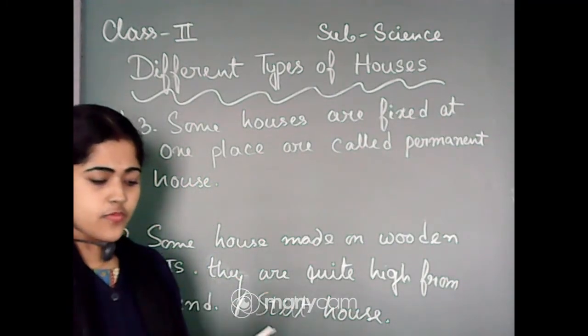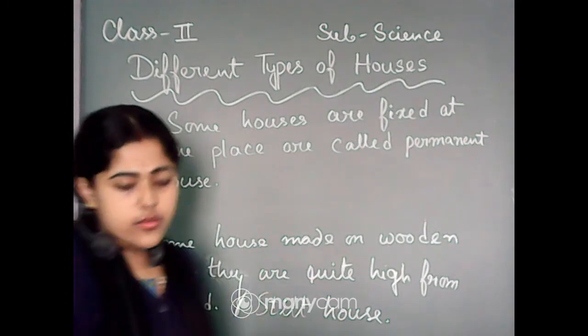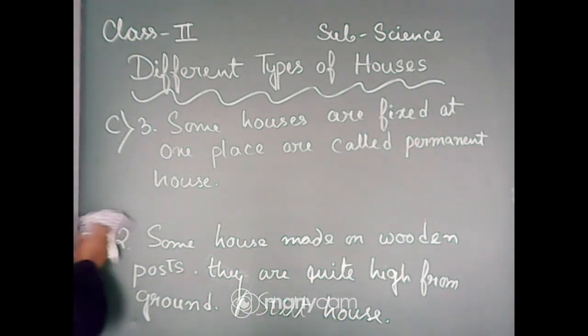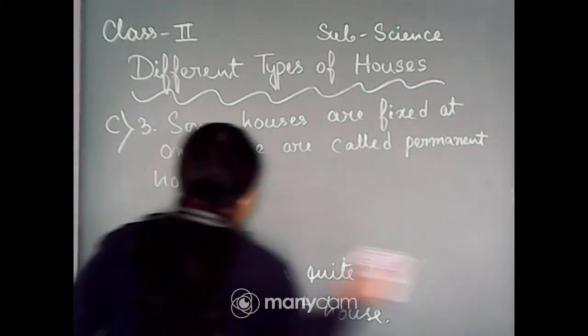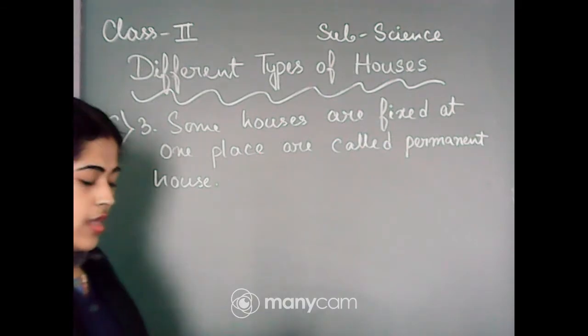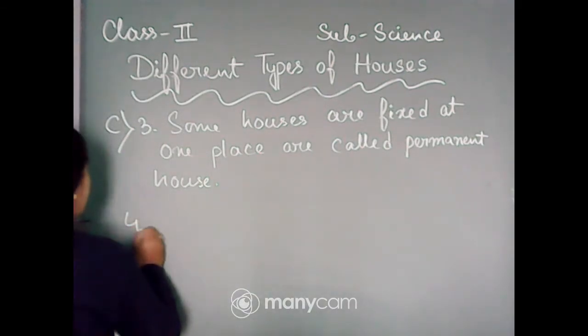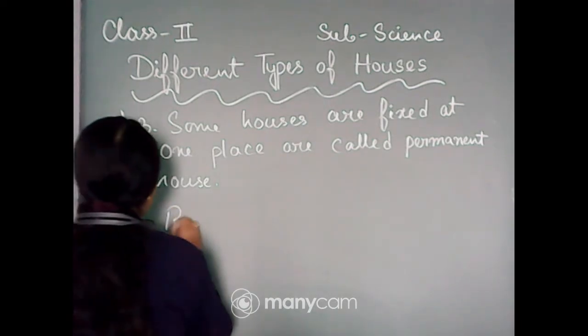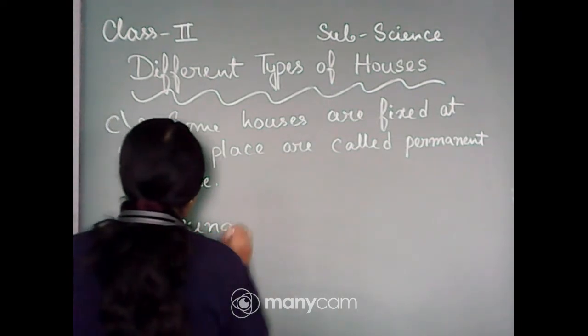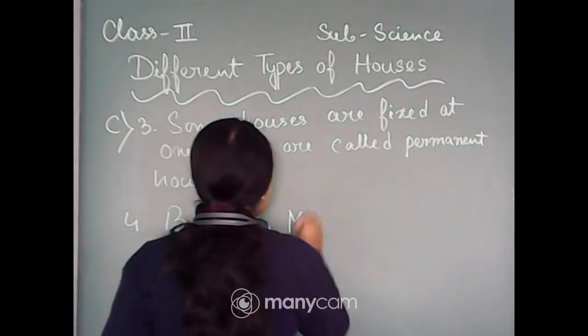Okay. Next, name any two types of permanent house. So I am erasing question number 2 here. And tell me two examples, two types of permanent house. That thing you already learned, right? The bungalow and multi-story building.